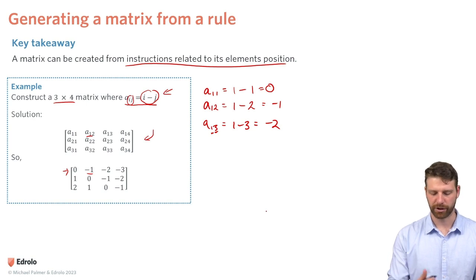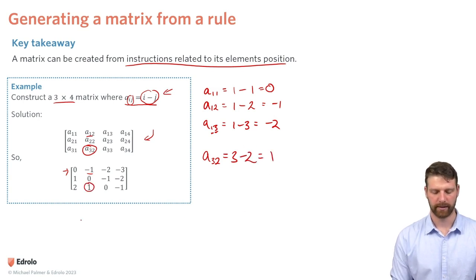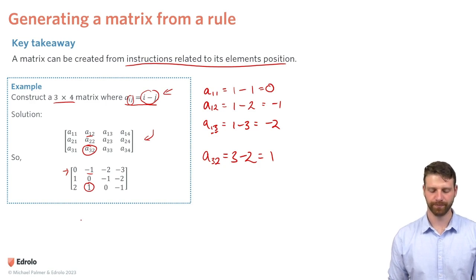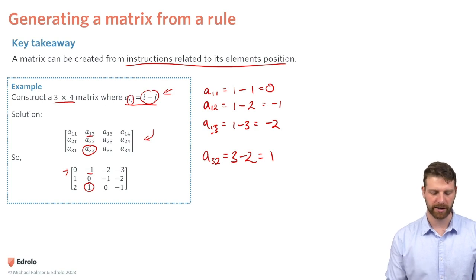I might just choose a random one now instead of doing them all. So let's take A32. I don't have to do them in order, so I can find them however I like. A32 would be, well, i is 3 and j is 2, and 3 minus 2 is 1, and so we can see that there's a 1 in position 3, 2. Okay, so, following those instructions, you generate a matrix. All the questions like this are sort of the same, and the only thing that gets harder is this rule.